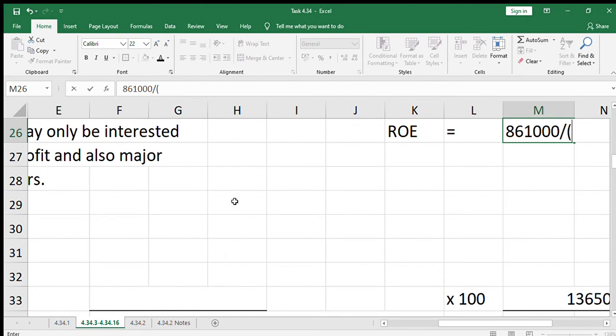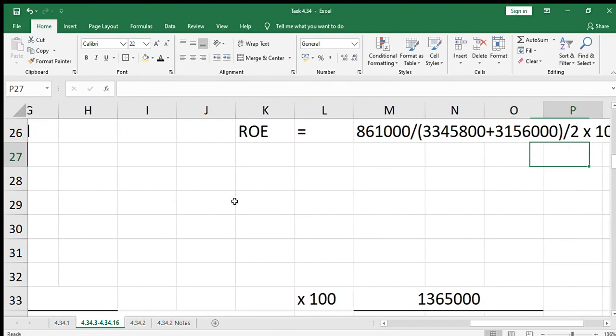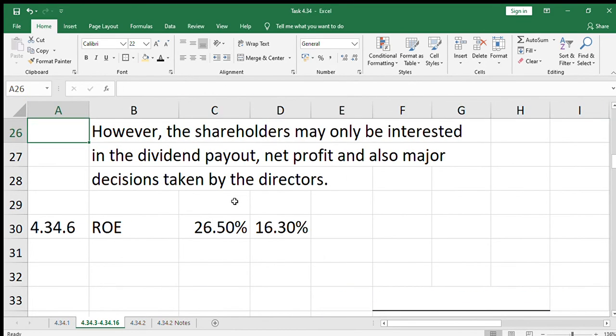Average shareholders' equity is the shareholders' equity of the two years added up and divided by 2, so 3,345,800 plus 3,156,000, divided by 2. The whole answer is multiplied by 100, and that's how I arrived at my answer of 26.5%.